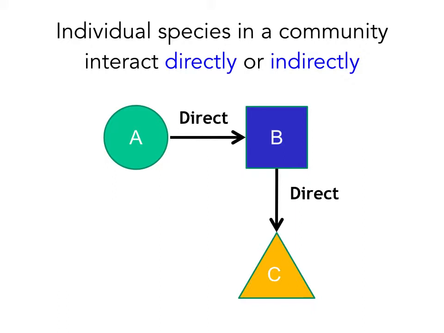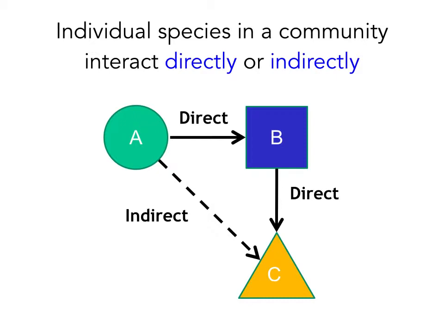In a situation like this, where there are three different species, one affects the other that in turn affects a third, we always have an indirect interaction that results from that. In this case, A is indirectly affecting C through B. So this is referred to as an indirect interaction.